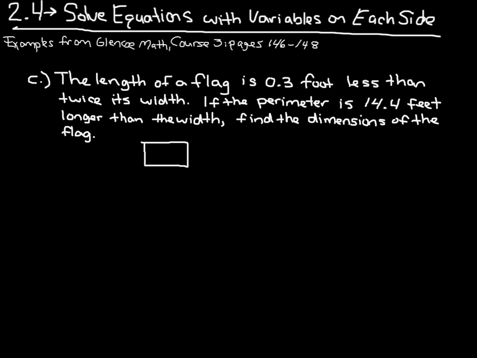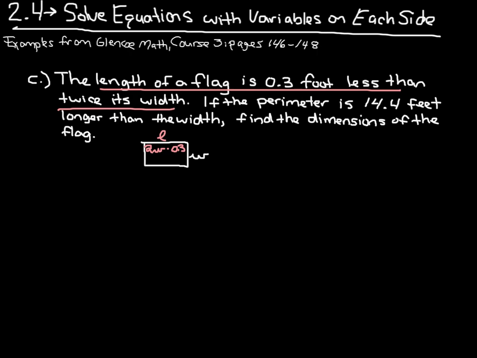The width is W. Now my length is going to be 2 times the width minus 3/10. As it says, the length of the flag is 3/10 of a foot less than twice its width.